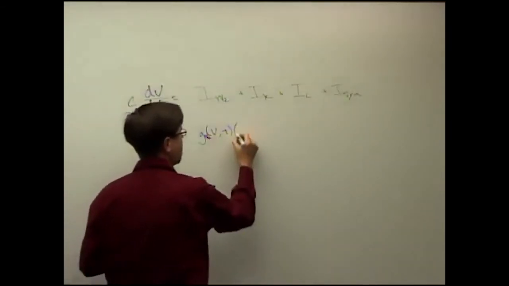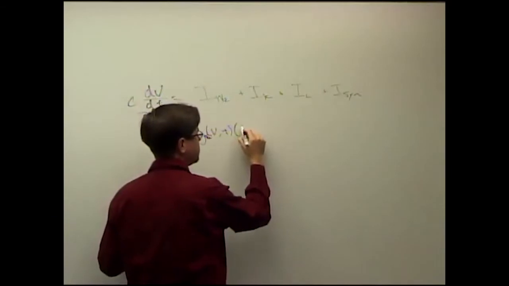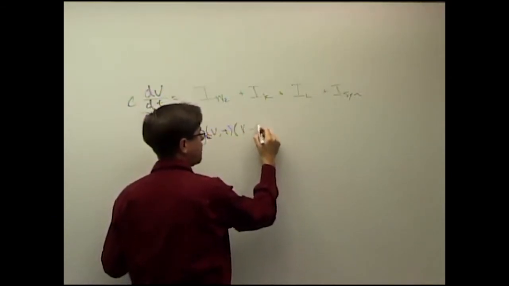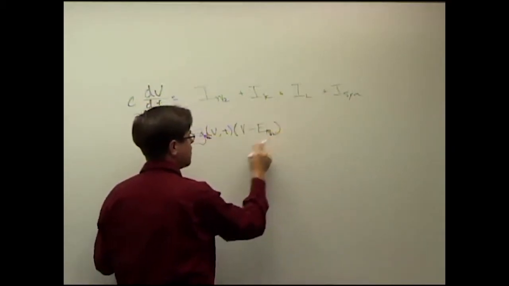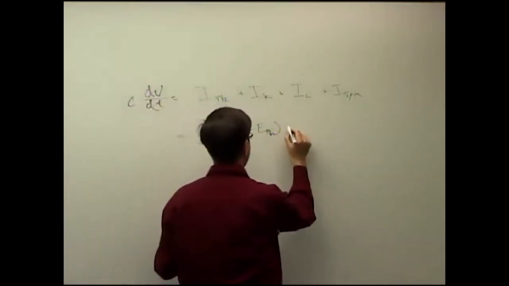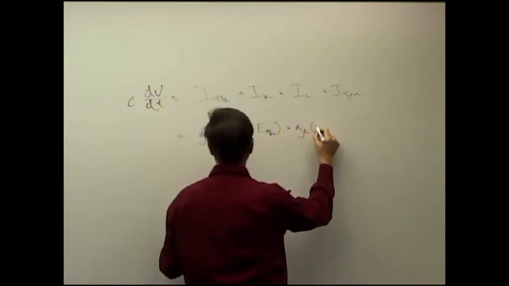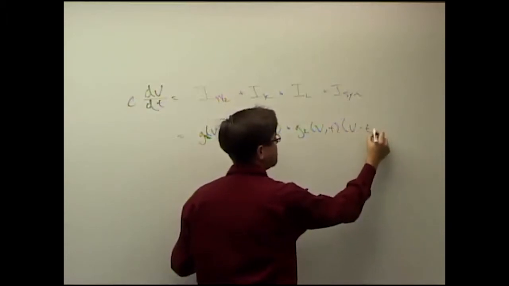And that's multiplied by the voltage of the cell minus this sodium reversal potential. And the order of these I never remember, so you've got to make sure it's right. And then plus G_K, which is also voltage and time, times the voltage minus E_K.